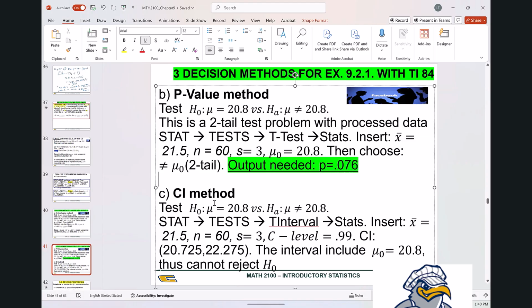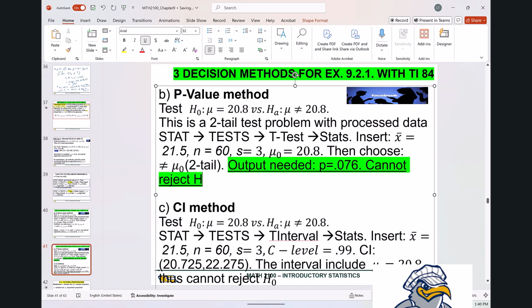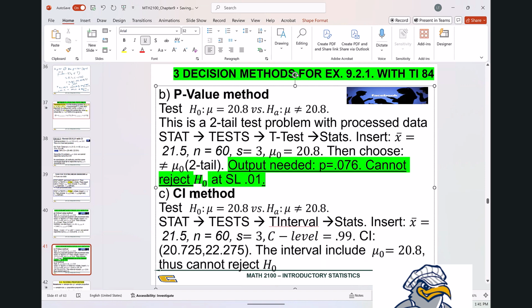The significance level 0.01 is less than the p-value, so you cannot reject.